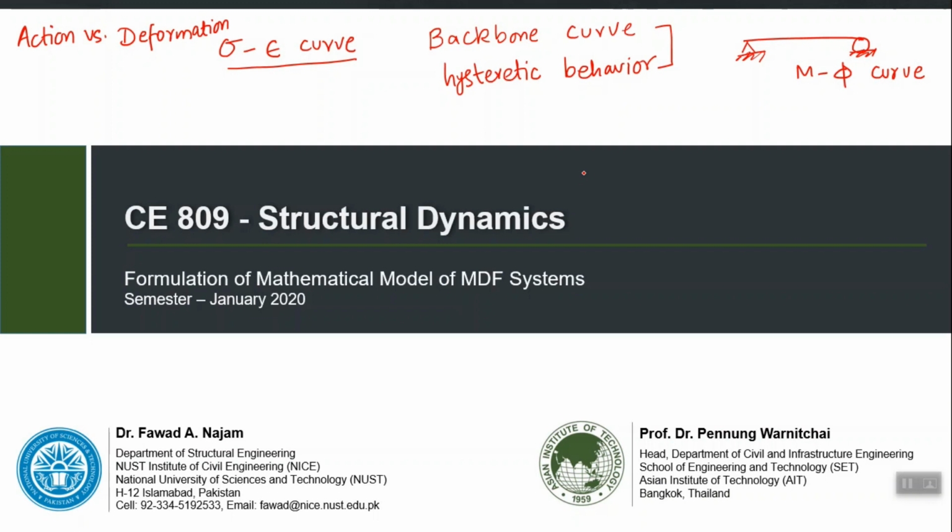How will it behave for all levels of strain, right. So this curve is giving us the complete behavior of that material: at what level it will go into the nonlinear range, at what level it will start having negative stiffness, or at what level it will start getting softened for the first time. All that information is available in that curve.